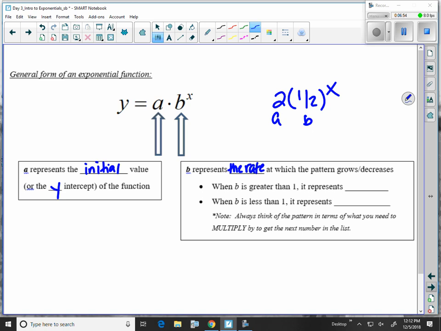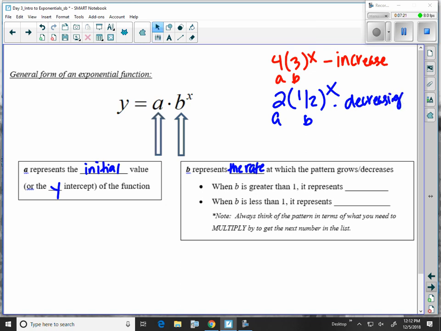We had this one, and then we also had 4 times 3 to the x. Was that it? Okay, so I want you to look at both b values. The first equation, was it increasing or decreasing? Increasing. That means this one was decreasing, yes?